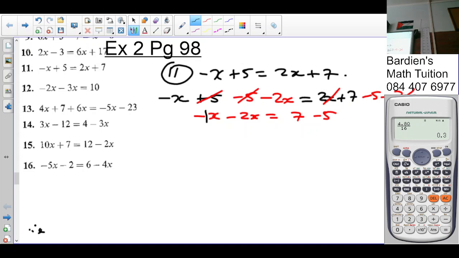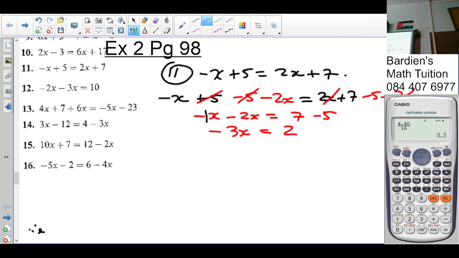So 1. You sure it's 3? Check on your number line. What's minus 1x minus 2x? Negative 3x. What is 7 minus 5? 2.